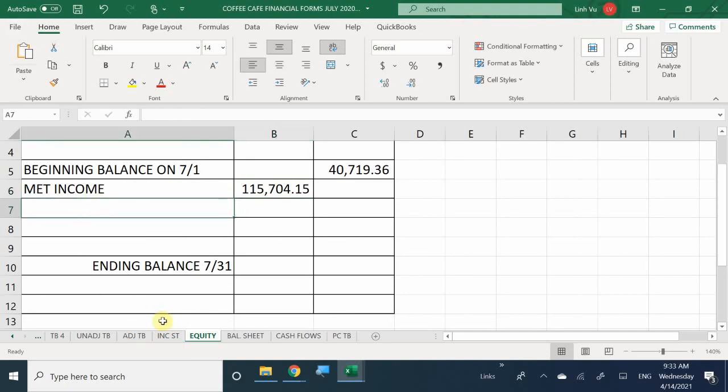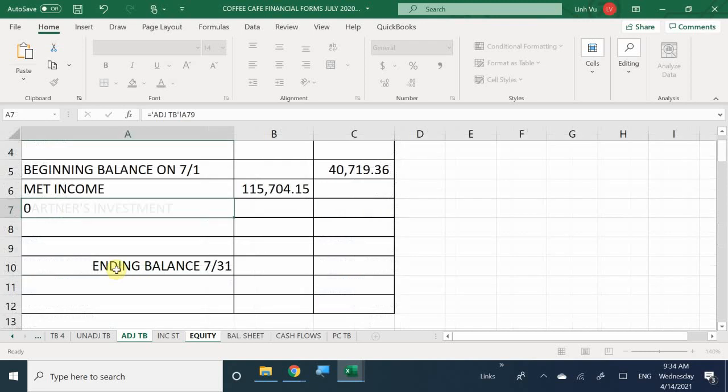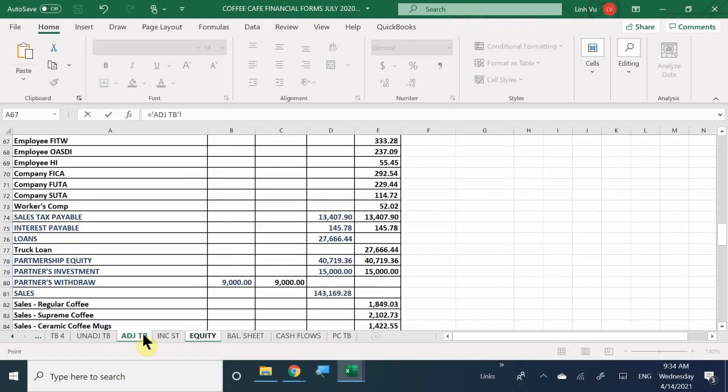Okay. Other contributing factors: did anybody make any capital contributions? In this case, I have a new account called partner investment. Did a partner invest?